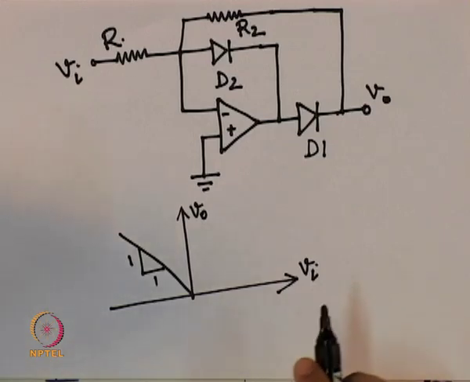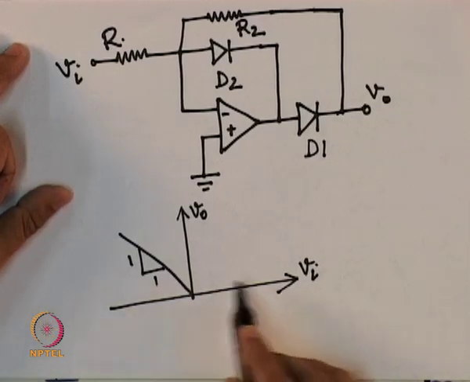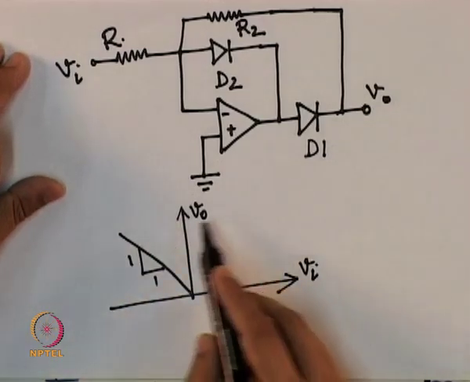I leave the analysis of this circuit as an exercise for you, but we should get an input output characteristic which is like this.